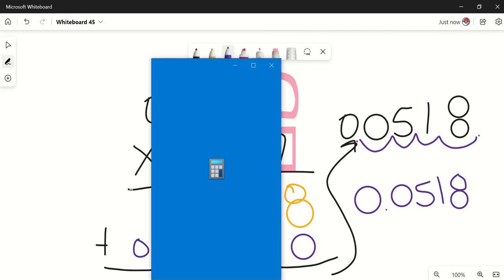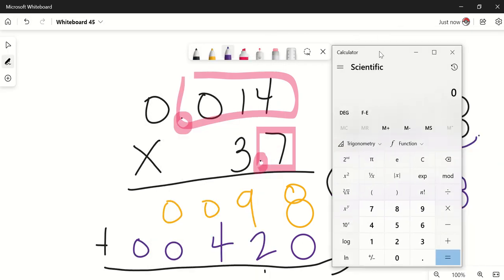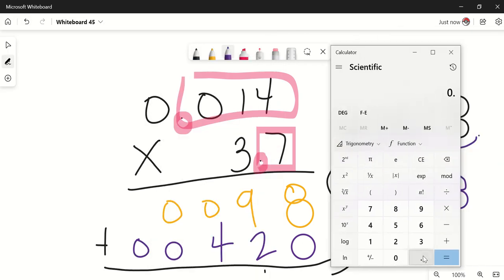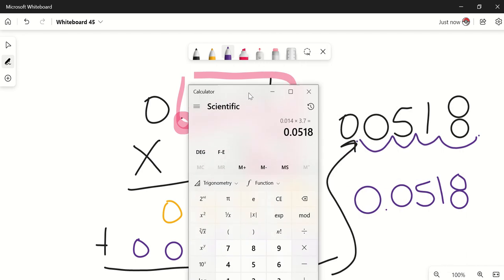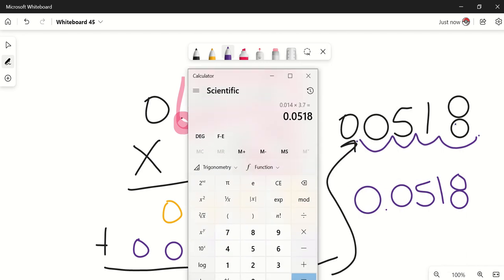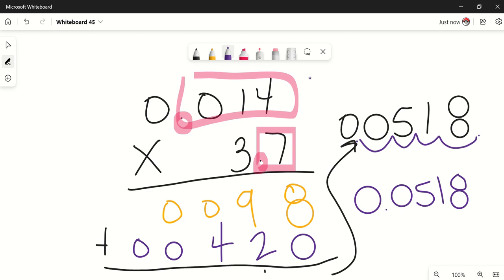Calculator. Our question again was 0.014 times 3.7, and it gave us 0.0518, which is exactly what we got, and that's it.